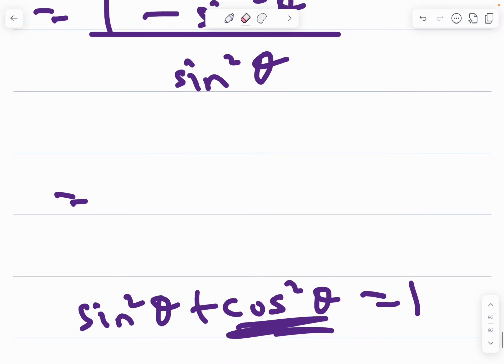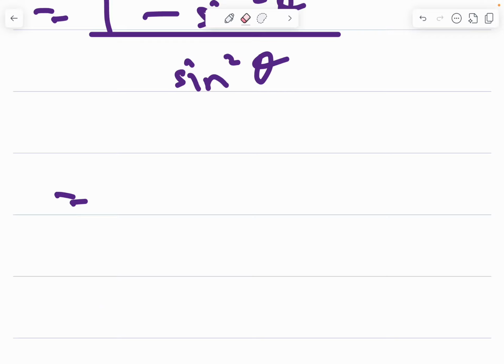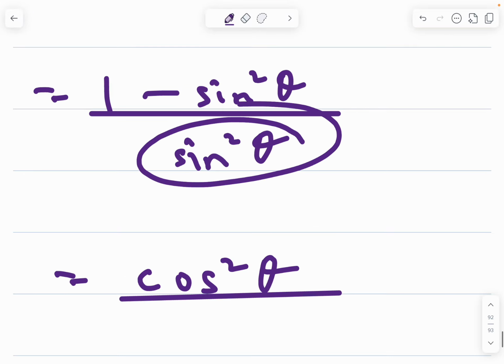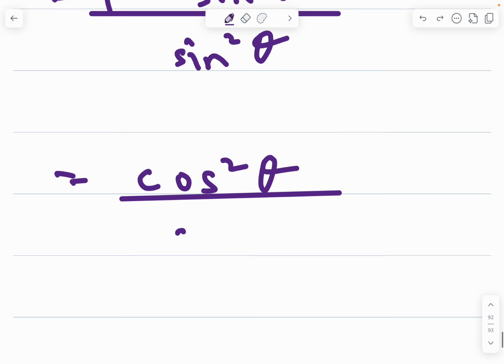So the numerator will be cos square theta, and the denominator, which is sine square theta, will remain what it is, sine square theta.